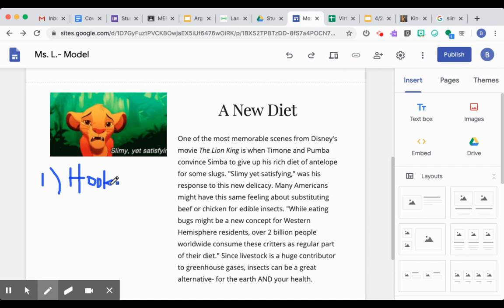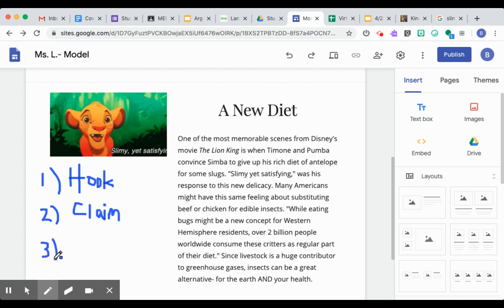This is going to interest your reader, engage them, and introduce the topic. Your second sentence is going to be your claim. Your readers should not be in suspense while they look at your website, wondering, does this person like climate change? Do they want it to stop? They should not be left wondering about that. You should be the one answering those questions.